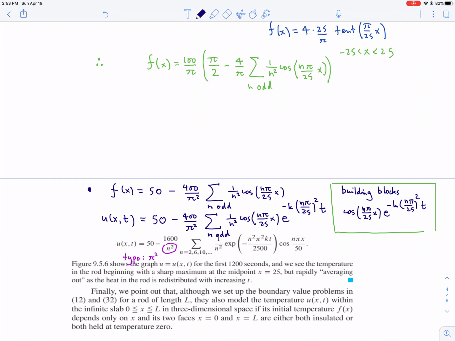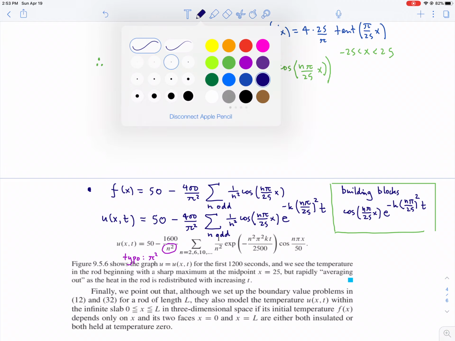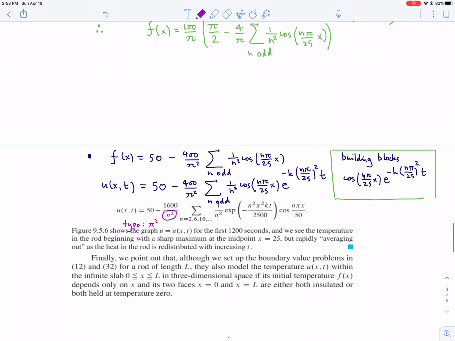Okay, now I wrote u of x,t above the text's version so that we could compare to see if we got it right. And although usually I'm the one who makes typos, this time the text did. That coefficient in the denominator should be a pi squared, not an n squared. And now you might get upset over the 1600, but I can explain why they have a 1600 and we have a 400. We are summing over n odd.